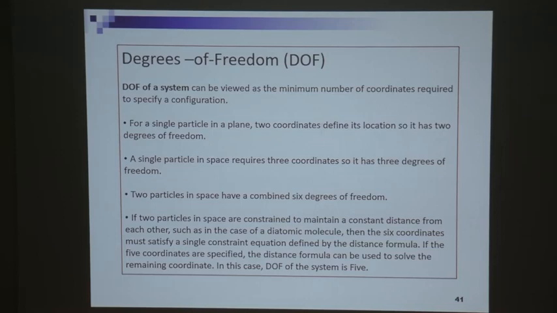Bear in mind that this is a rigid body, so it is not deformed, and the distance will always be there. So if 5 coordinates are specified, the distance formula can be used to solve the remaining coordinate. In this case the DOF of the system will be 5: you take 6 minus 1, so you get 5. This is one way of looking at degree of freedom.